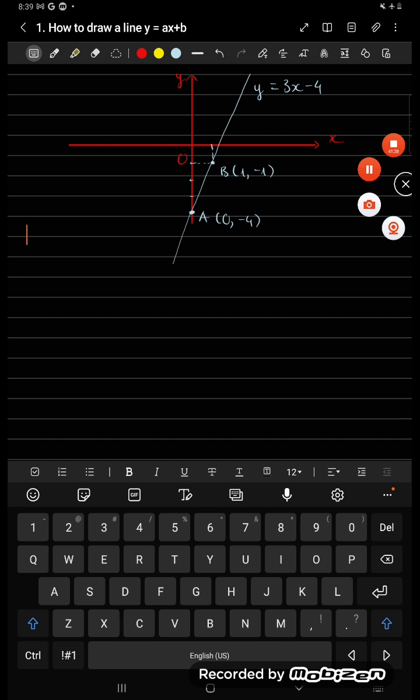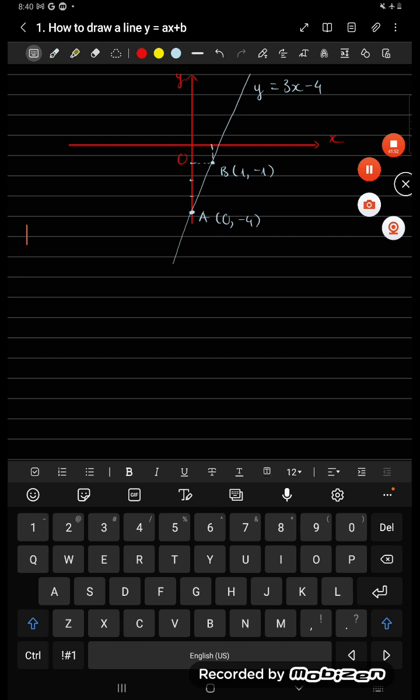Okay, so remember that. And in the next lesson, we'll learn how to write an equation of a line, if we know 2 points, or if we know the slope, the y-intercept, or the x-intercept, something like that.